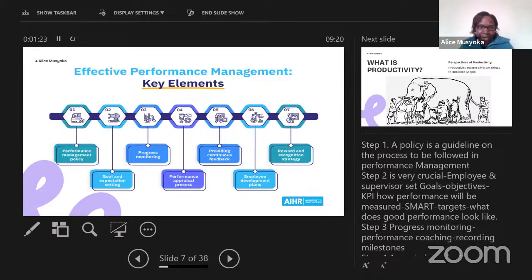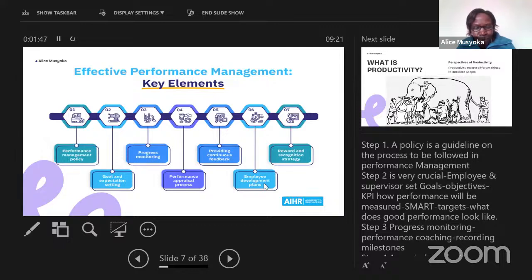And then the next stage, we are talking about employee development plans, which is very key, because one reason we carry out performance appraisals is so that we can identify gaps in performance and put in place the correct interventions.